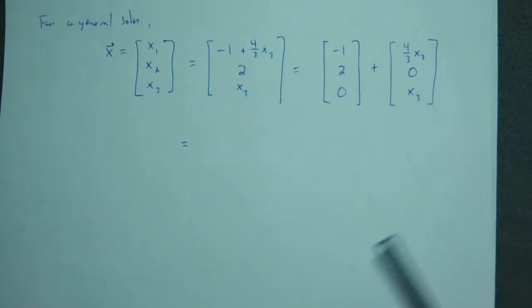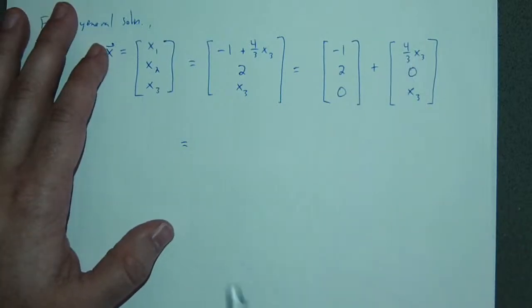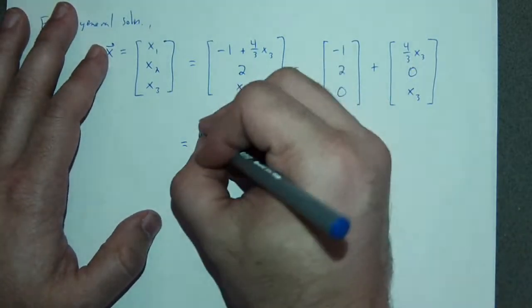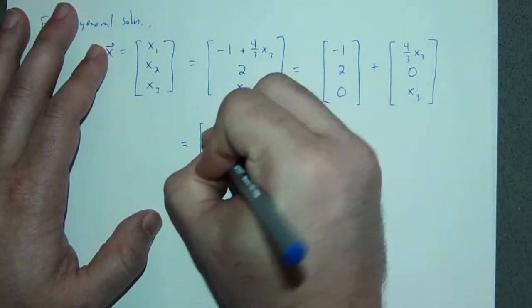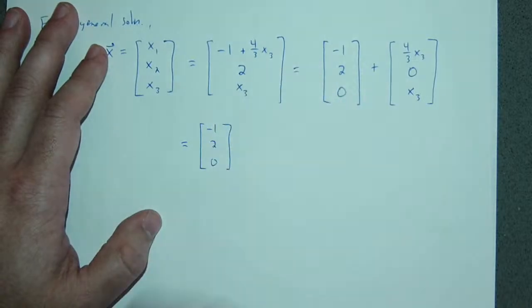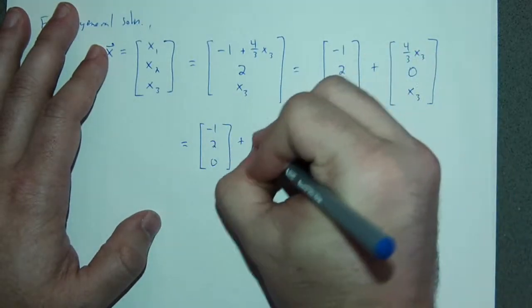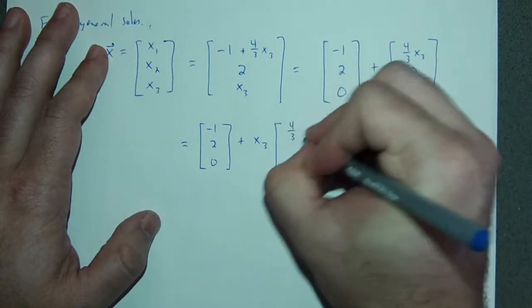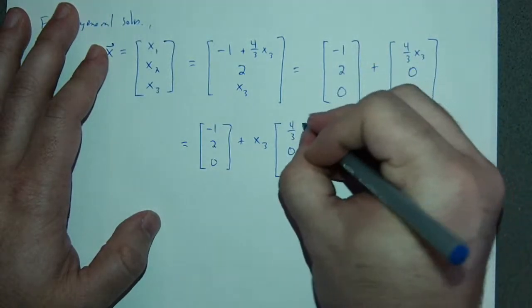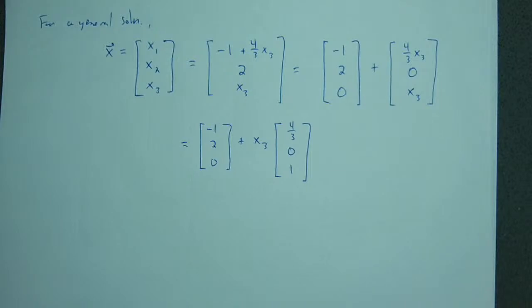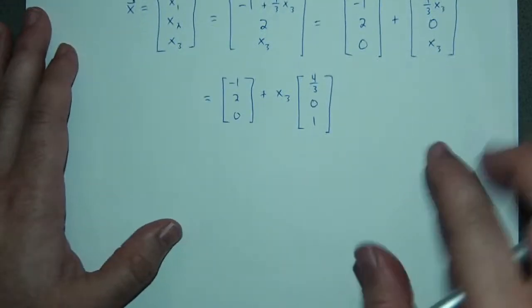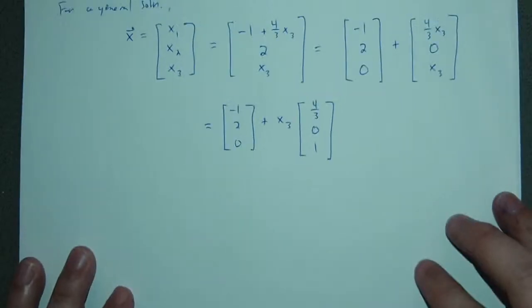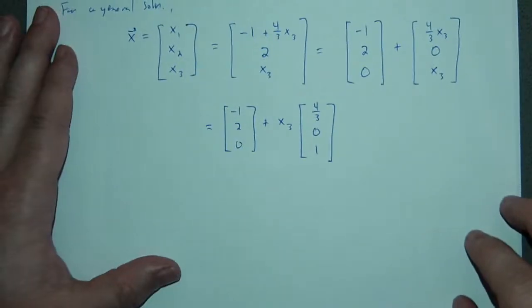And now I want to do the same thing I did before, and take this free variable and factor it out, treat it as a scalar multiple times a vector. So minus 1, 2, 0, plus x sub 3 times 4/3, 0, 1. So here is the parametric vector form for this general solution x.